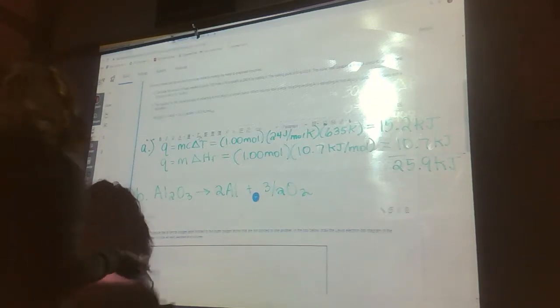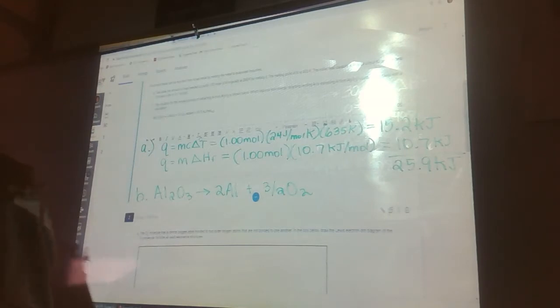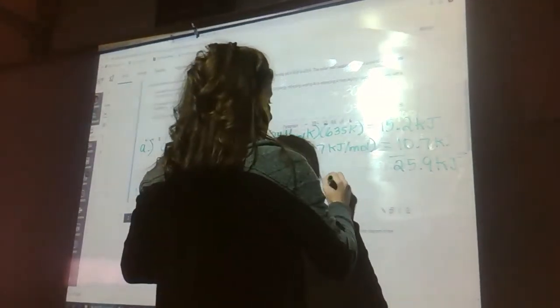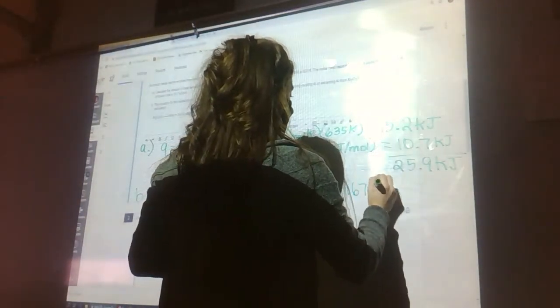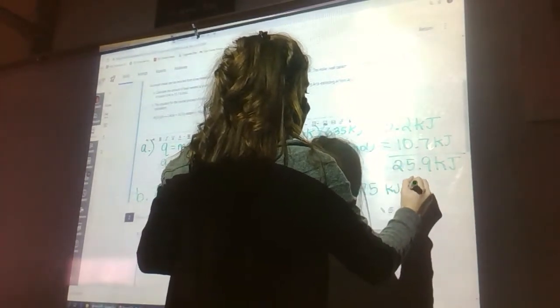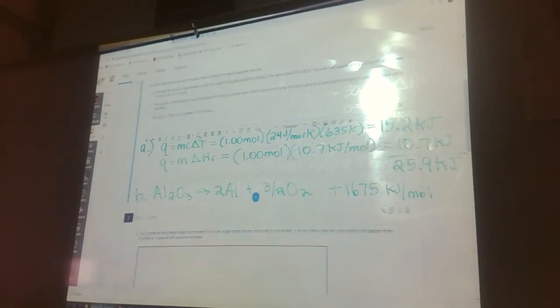And that is an extremely endothermic reaction that requires 1,675 kilojoules per mole. And the question is, the equation for the process of extracting aluminum is shown below. Which requires less energy, recycling or this? And it says, justify your answer with a calculation.